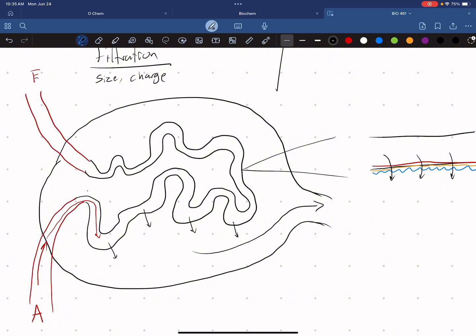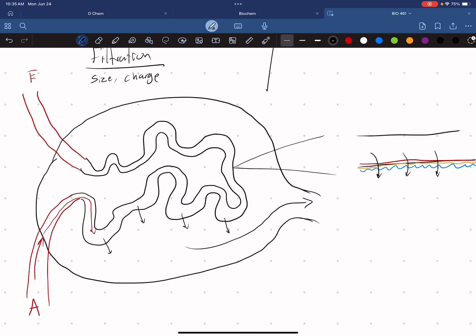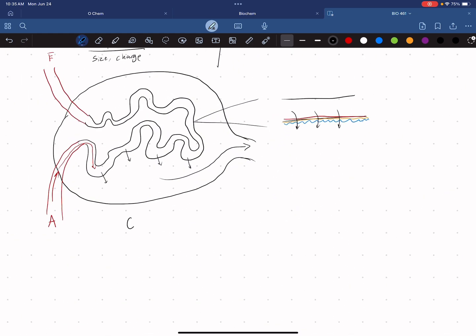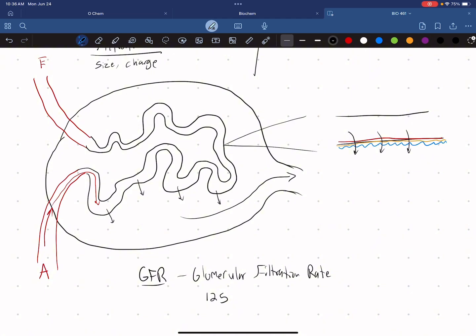As blood flows through the Bowman's capsule, it will filter out these different kinds of ions based on the pressure. And so what we have as well is a number that is called the GFR, which is the glomerular filtration rate, which on average is about 125. And that is the rate at which the blood that is flowing through the Bowman's capsule gets filtered and returned back to the body.